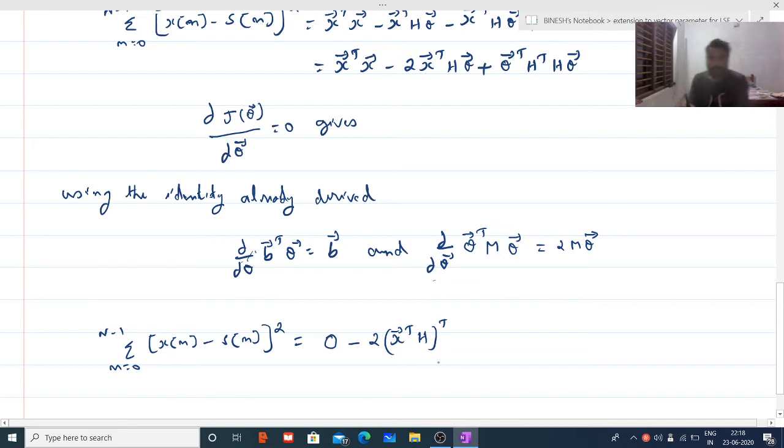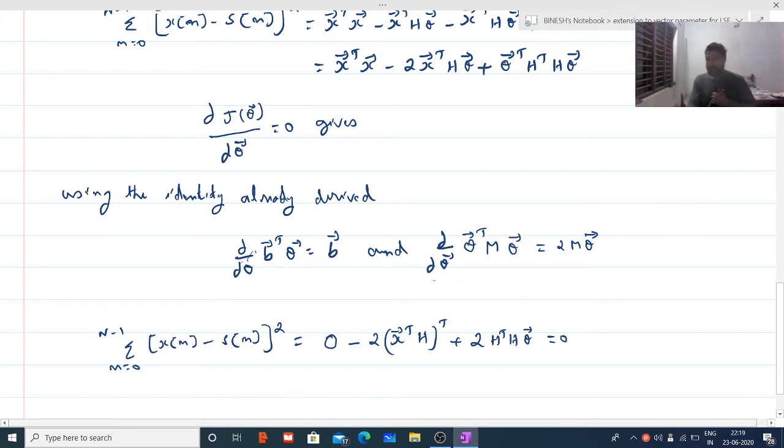Okay, plus the other term will be 2 into m theta, 2 into m is the h transpose into h, h transpose into h into theta, that you have made equal to 0.